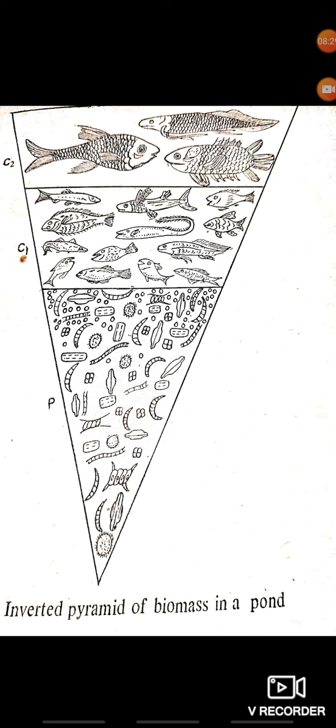In an aquatic ecosystem like the pond, the biomass pyramid is inverted, with the producers having the least biomass, yet the pyramid of energy is upright. The reason for this is that the metabolic rate of phytoplankton is the highest in the ecosystem, and the phytoplankton population reproduces much more rapidly, producing a larger number of new generations in a given time than the consumers.